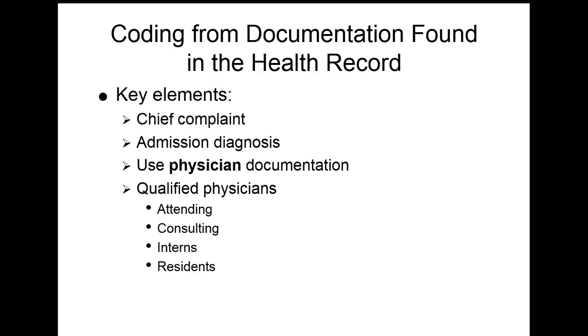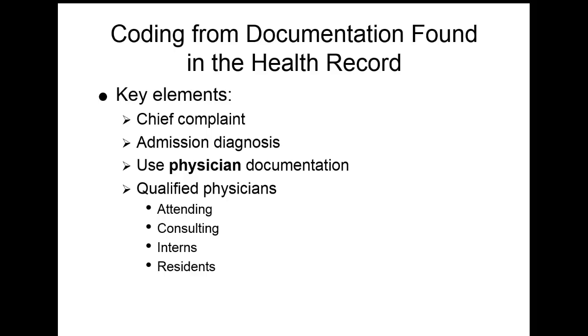For instance, if a patient has decubitus ulcers, you can use nursing documentation for the stage of that particular decubitus ulcer. If a patient is obese and the physician has documented the obesity, and the dietitian or a nurse actually documents the BMI, the body mass index of that patient, you can use that information to code from.